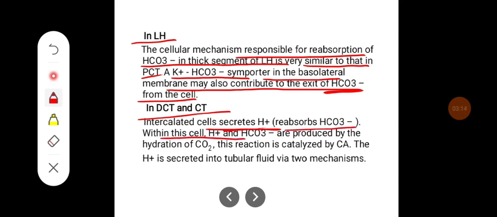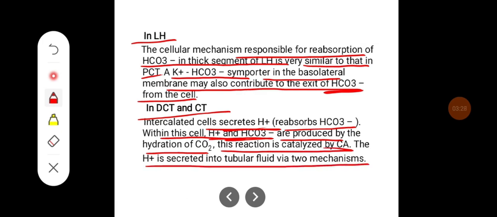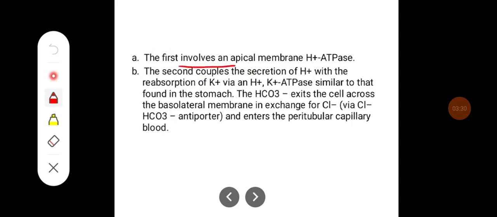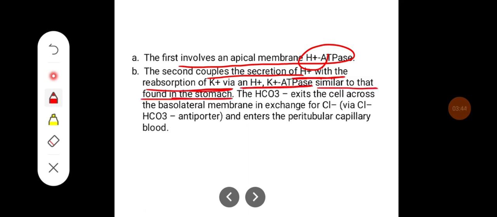Within this cell, the hydrogen and bicarbonate ions are produced by hydration of carbon dioxide, and this reaction is catalyzed by carbonic anhydrase. The H plus is secreted into the tubular fluid via two mechanisms here. The first involves an apical membrane hydrogen ATPase, and the second couples the secretion of H plus with the reabsorption of potassium via hydrogen-potassium ATPase, similar to that found in the stomach.